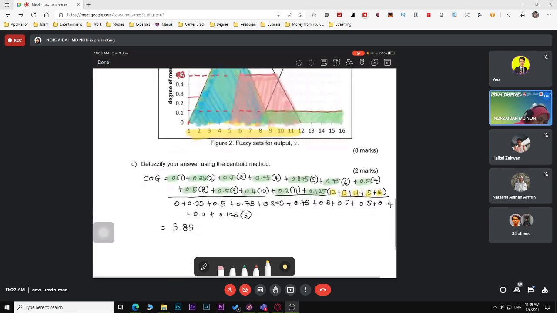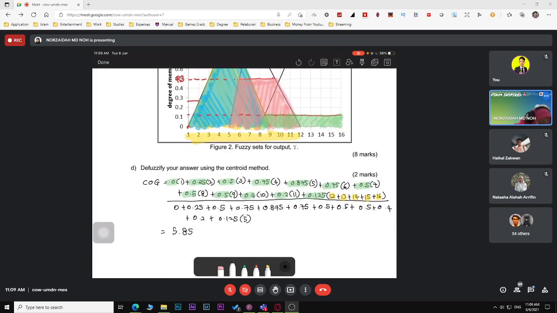Okay. Ada yang kata 5.35. Okay. Nazmi kata dia dapat 7.63. Lain? Mana kalkulator saya? Apa kita bagi orang lain kira dulu. Sekejap saya cek kalkulator sekejap.